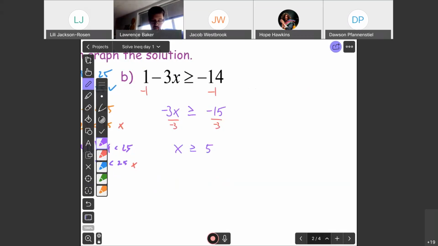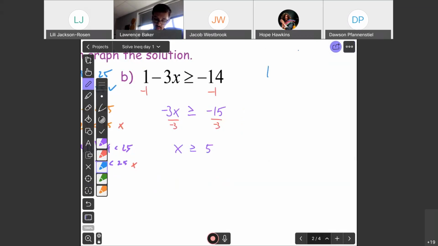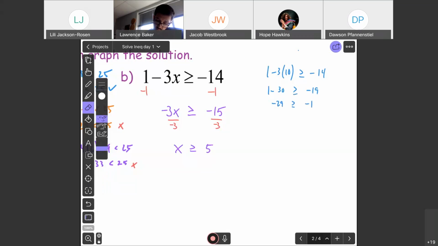So we say, hey, let's check that. Let's see if it works, right? It says x has to be greater than or equal to 5. A number that's greater than or equal to 5 is 10. So 1 minus 3 times 10 is greater than or equal to negative 14. That's 1 minus 30 greater than or equal to negative 14. 1 minus 30 is negative 29.